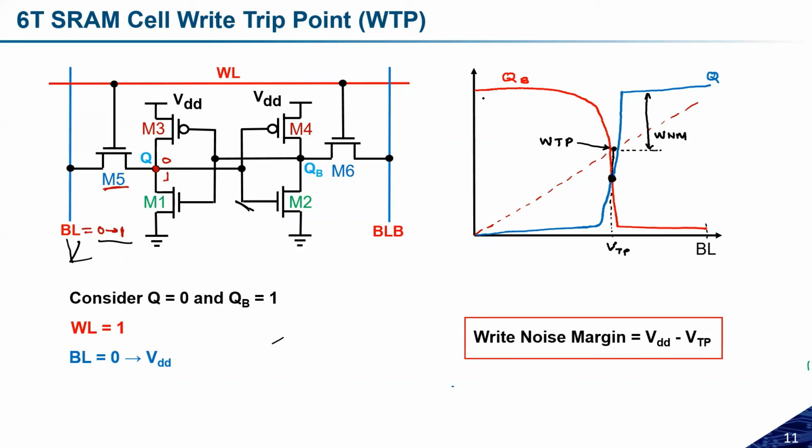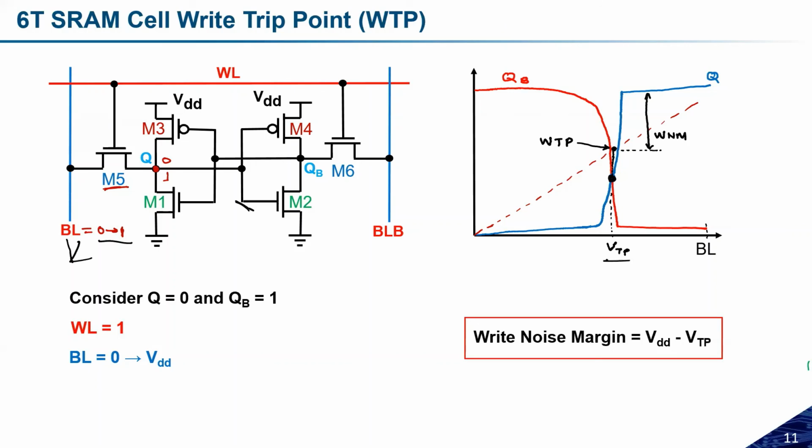So initially, because QB was high, Q was logic 0, so Q will start increasing and QB will start decreasing, and at some point they will cross each other, because the trip point voltage will be achieved. The point at which both are crossing, we measure the BL voltage, and that BL voltage is the write trip point voltage.